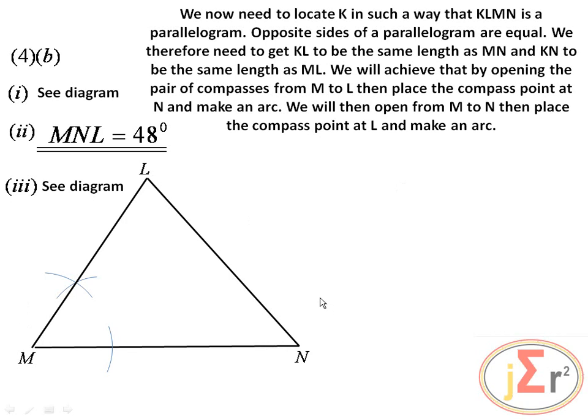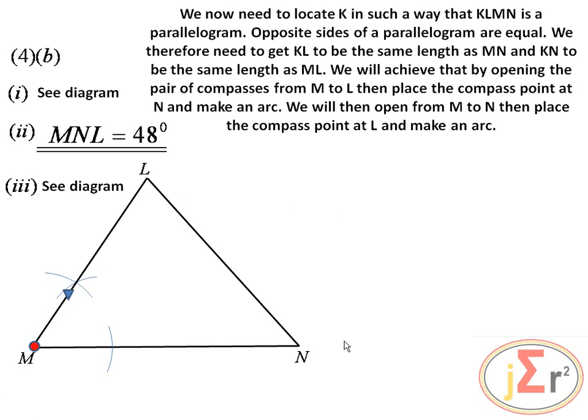How do we imagine that we will achieve that? We will achieve that by first opening the pair of compasses from M to L. So we need to copy this length over here. Open from M to L, then place the compass point at N and make an arc.